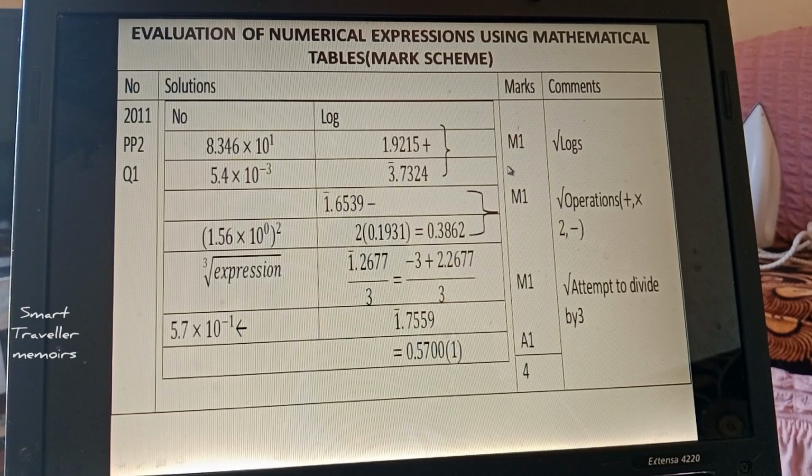Method mark for operations, method mark for attempt to divide by 3, and you get the answer. Antilog, and the answer is 0.57001. So that is the way you arrange your work. Have a paper and pen for being good in mathematics.